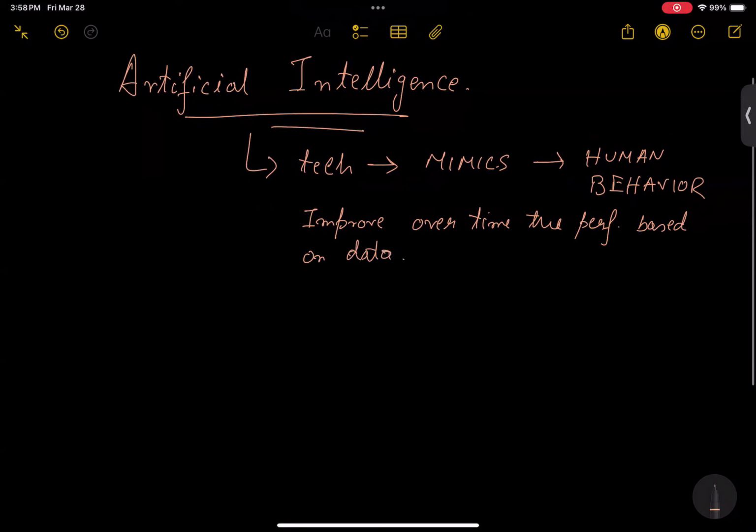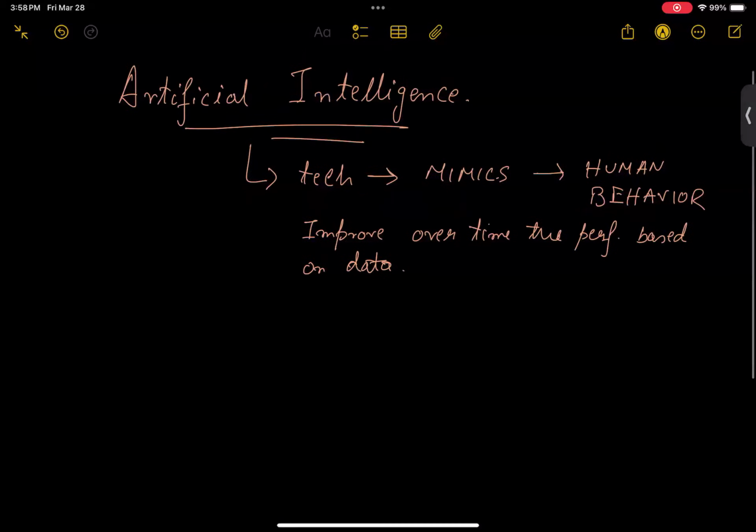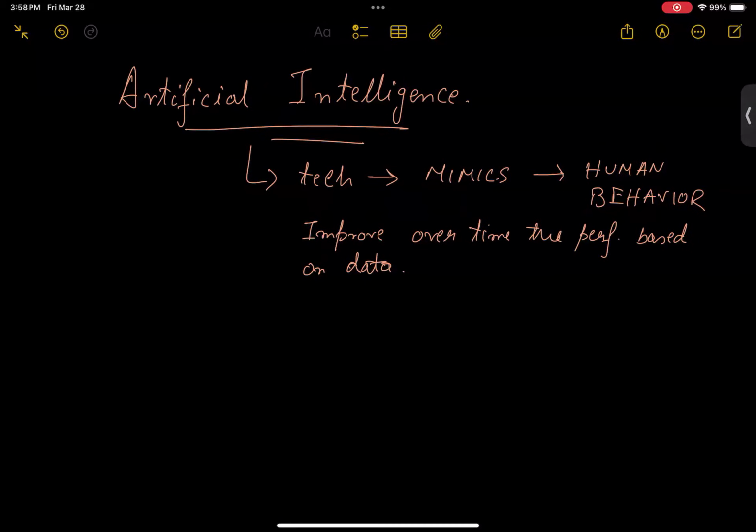This is basically what we say artificial intelligence is.